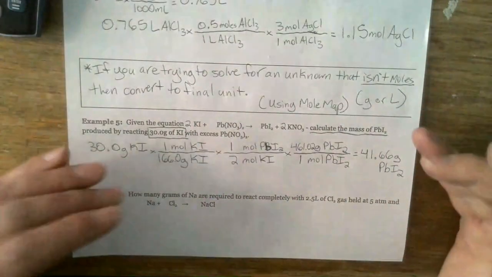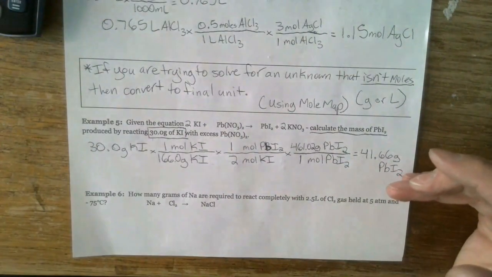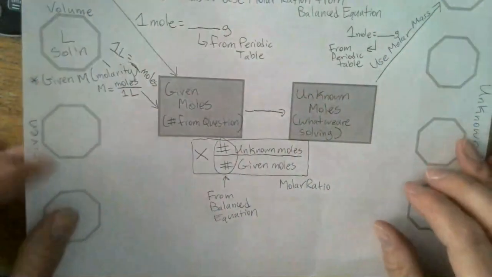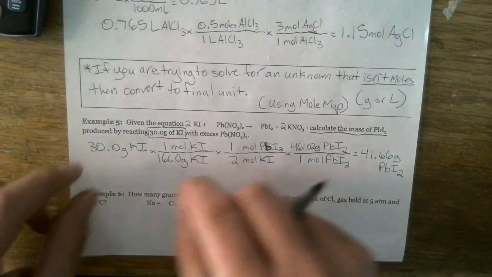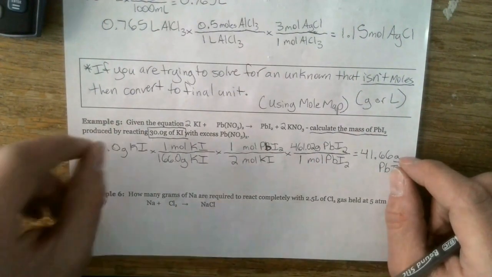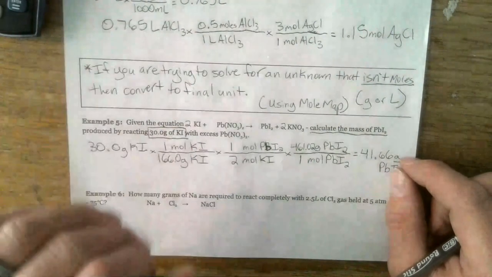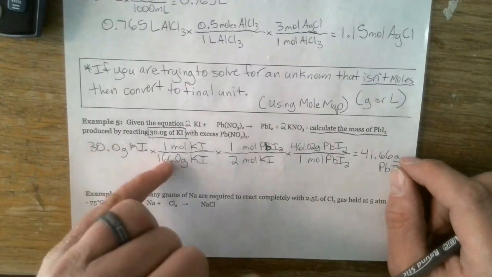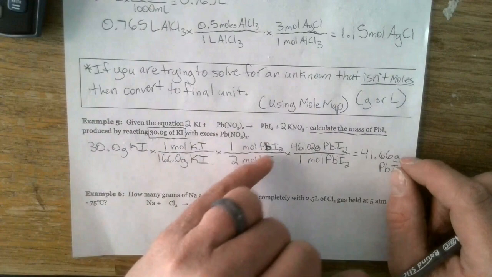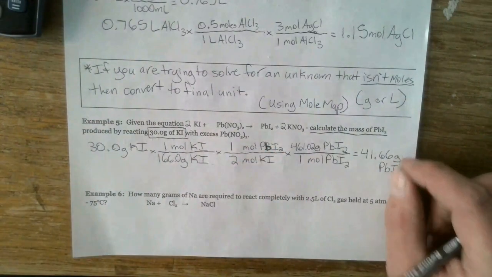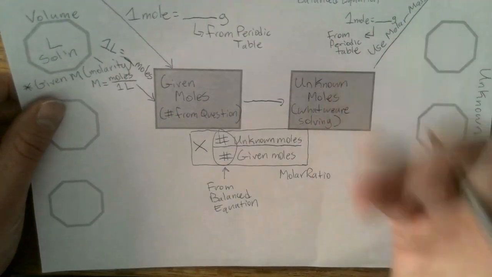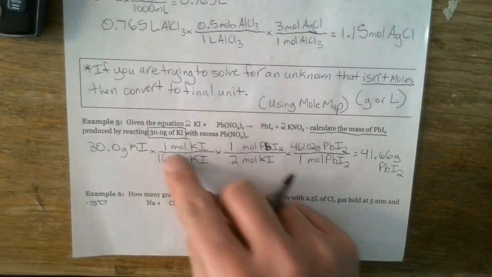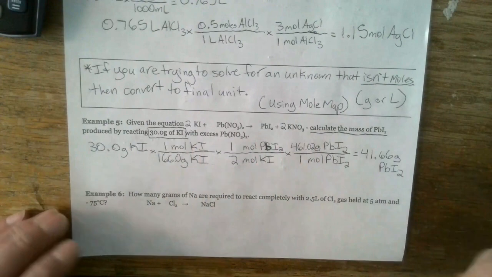Now, again, I know this probably seems pretty daunting, but use your materials, use the stoichiometry map to help you fill in the gaps. The setup of these problems will always be the same. We're always going to have a given. We might need to do a little calculation like we did in the previous one first, but we just plug in our conversion factors using the information from the balanced equation, the periodic table, and the question to convert between each of these different steps.